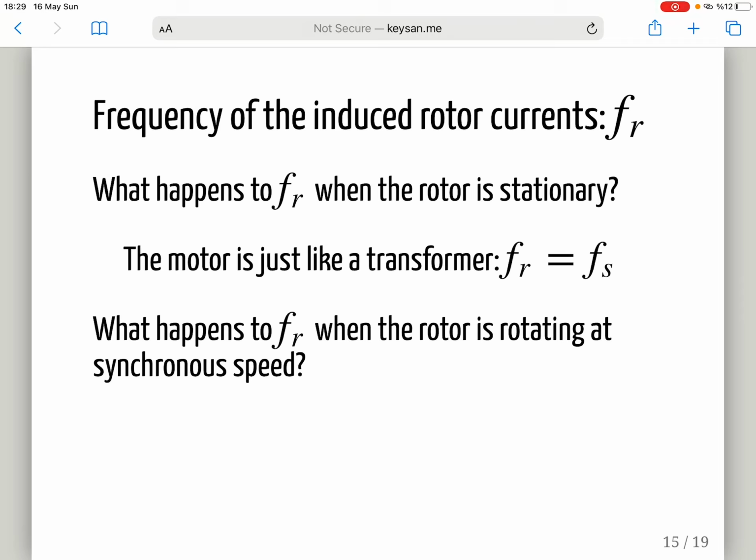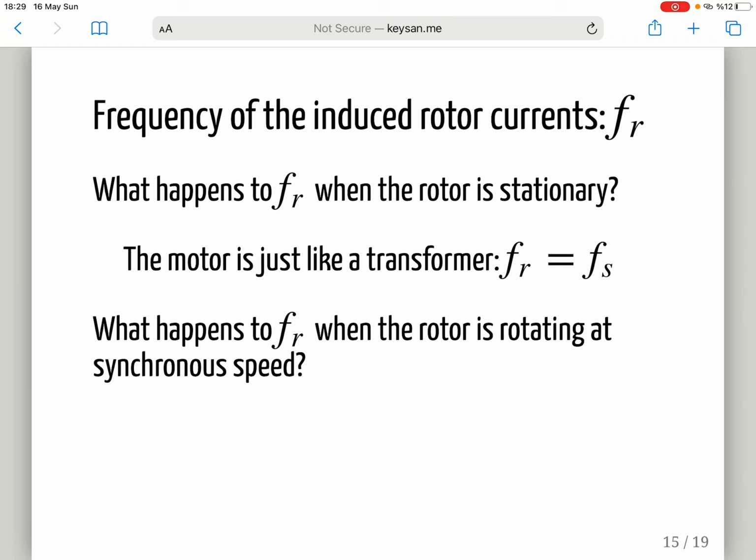From the rotor coils' perspective, you are not seeing any AC magnetic field, but a constant magnetic field, as if you are seeing a DC excited winding.